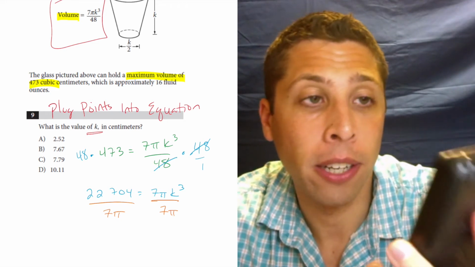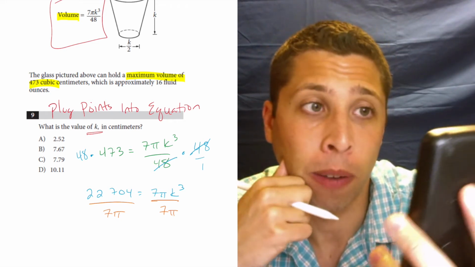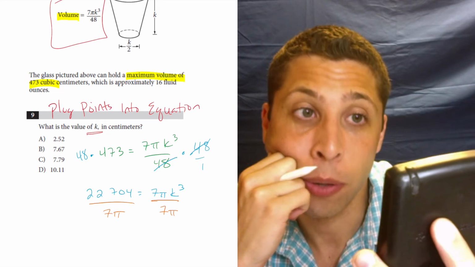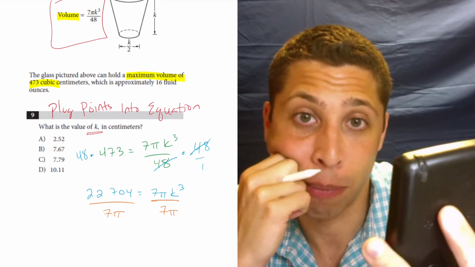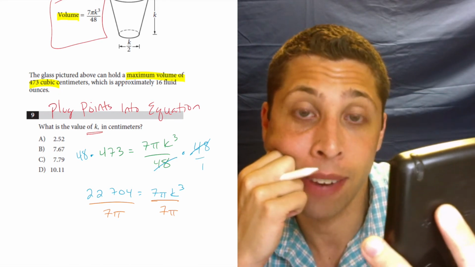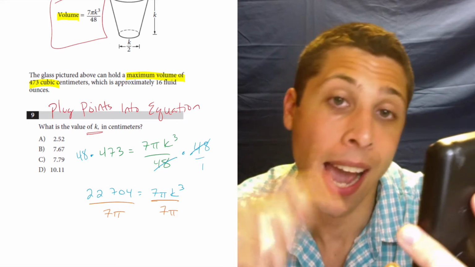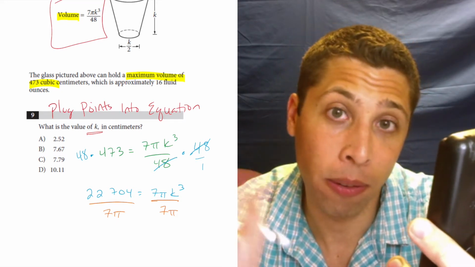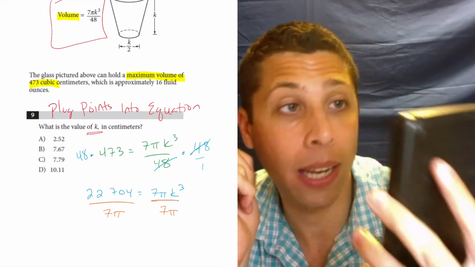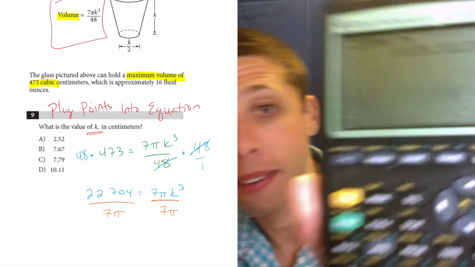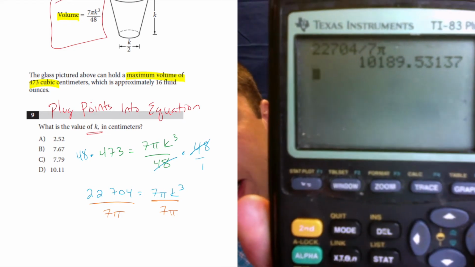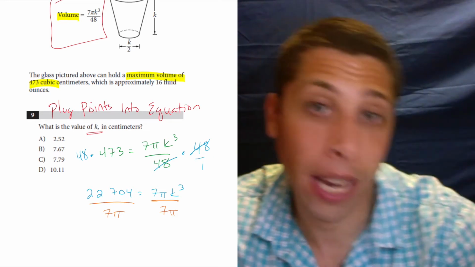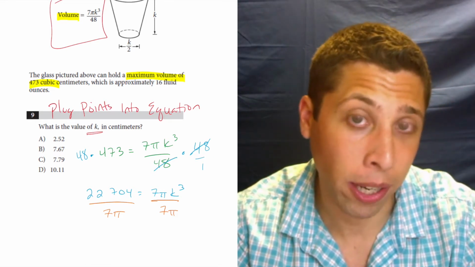Your calculator is going to follow its own order of operations. And so what it's doing here, if you get 10,189 as your number, is it's dividing by 7 and then multiplying that result by pi. So what's happening is pi is getting multiplied instead of divided. Your calculator can't help itself. It doesn't know what you want unless you give it the right instructions.